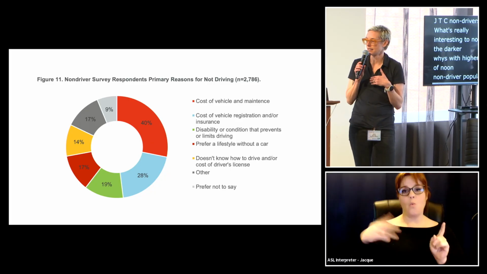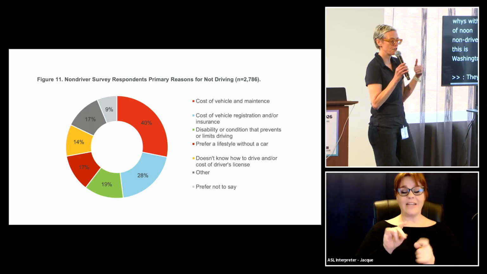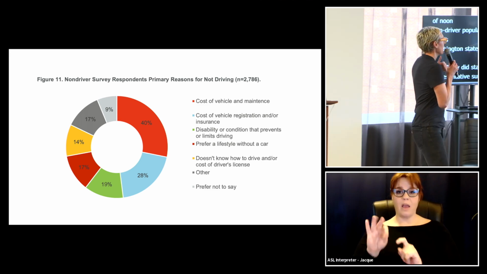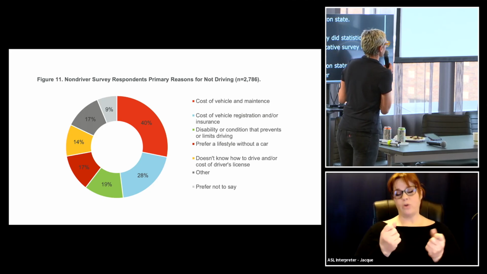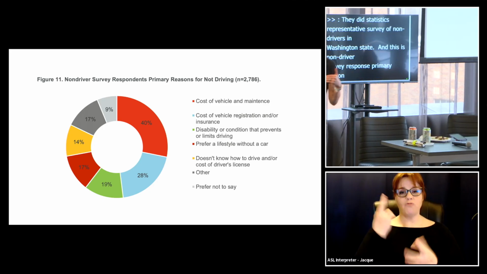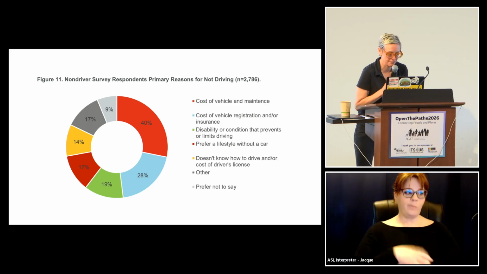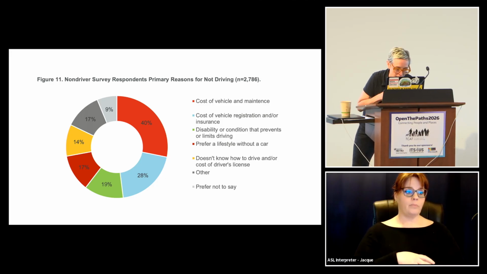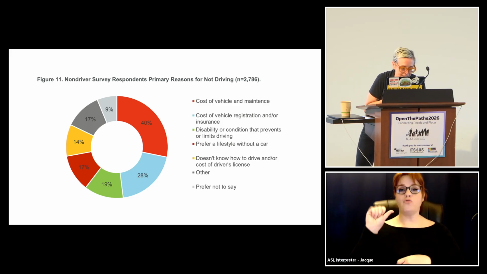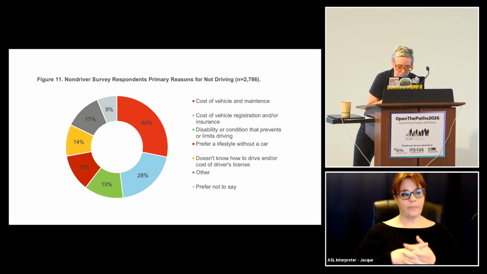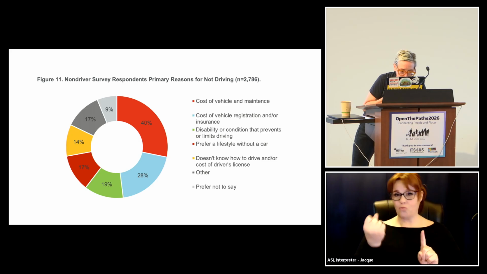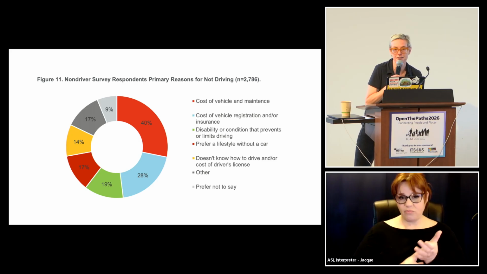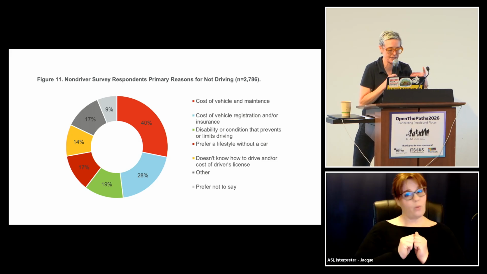This next image is from the JTC study, so this is Washington State. They did a statistically representative survey of non-drivers in Washington State, and this is the non-driver survey response for primary reason for not driving. I'm going to get into my screen so I can read these to you real quick. The cost of vehicle and maintenance, that's the main one, at 40%. 28% cost of vehicle registration. Take those two together and it really is a cost burden thing.